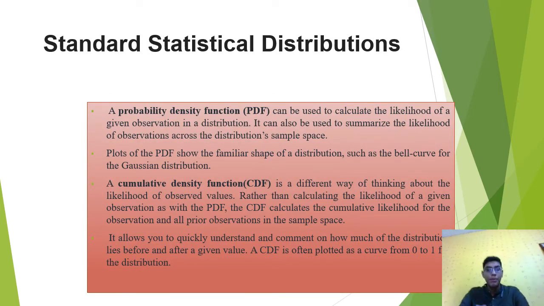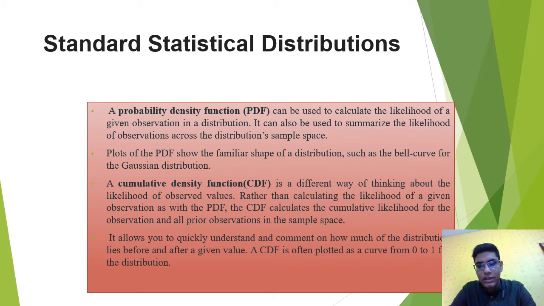Now the probability density function, PDF, can be used to calculate the likelihood of a given observation in a distribution. It can also be used to summarize the likelihood of observations across the distribution's sample space. Plots of the PDF show the familiar shape of a distribution, such as the bell curve for the Gaussian distribution. Now coming on to the CDF, the cumulative density function. The CDF is a different way of thinking about the likelihood of an observed value.